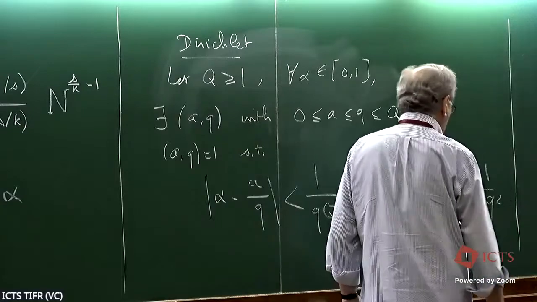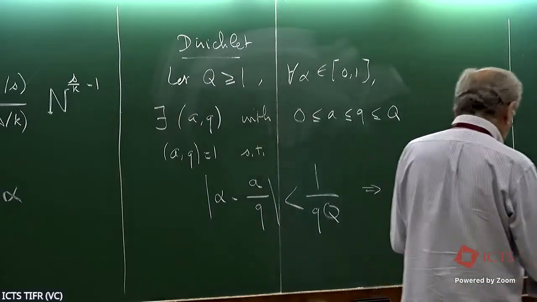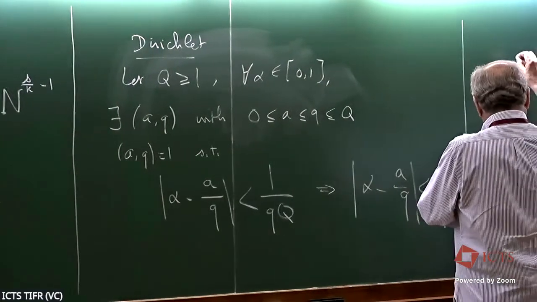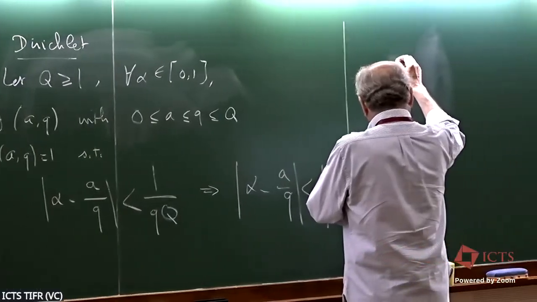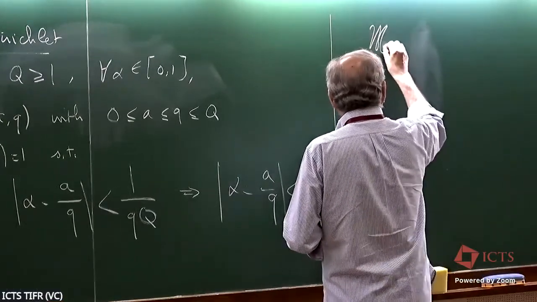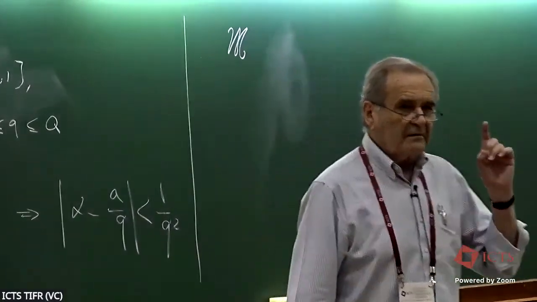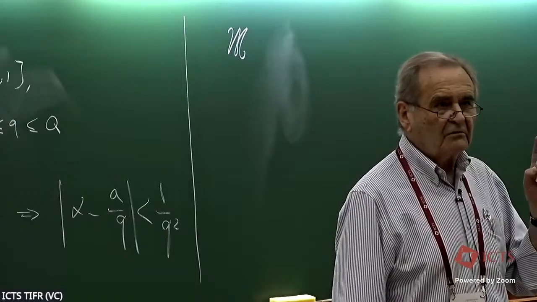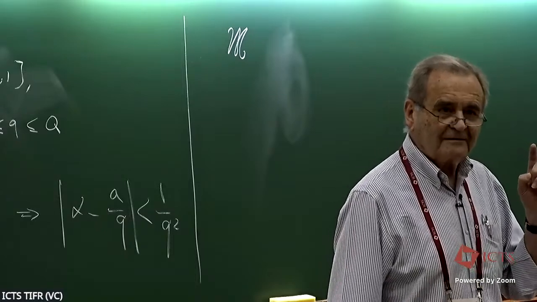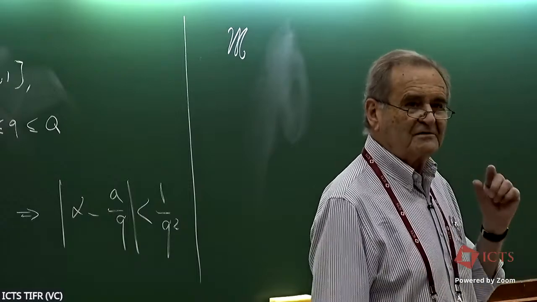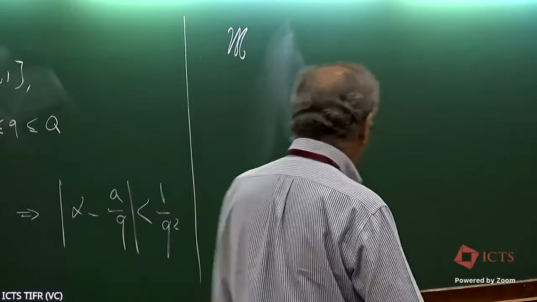So, the point now is to define our major arcs. So we let the major arcs be of the following form. This is complicated because it is some Gothic M, but you have to use the large one and the small one. And they really look like the same. So you have to see both at the same time to know which one is the large one and which one is the small one.